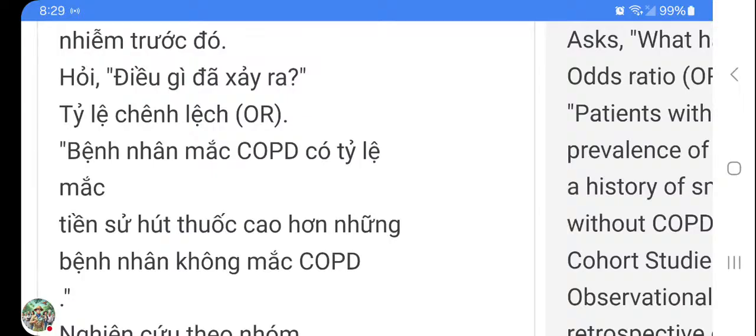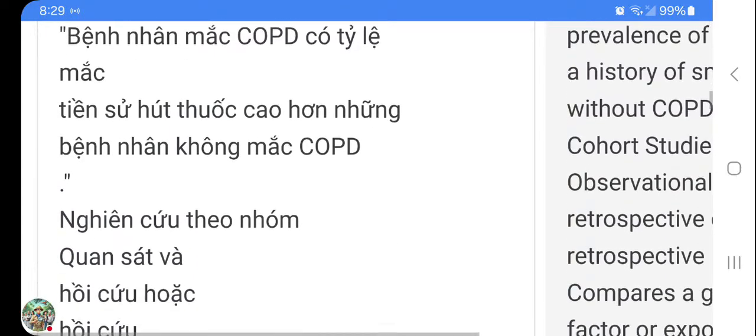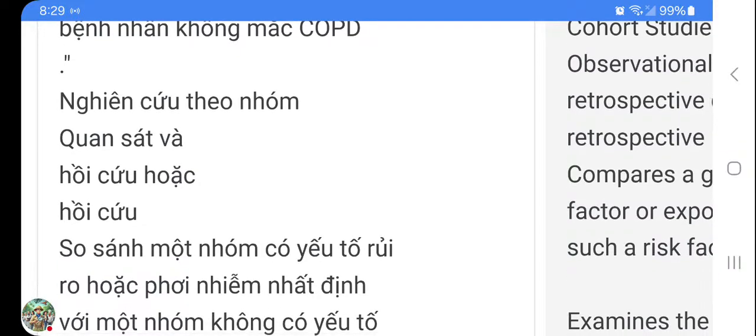Okay, so they study something that happened already, in the past. How can they do that? Maybe they can collect the data in the hospital.